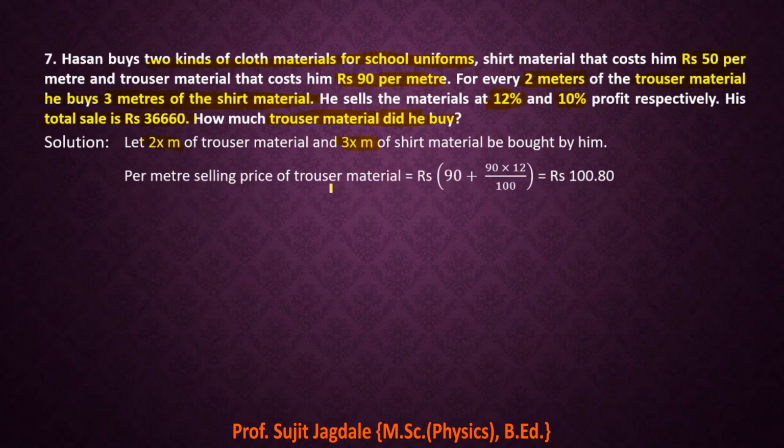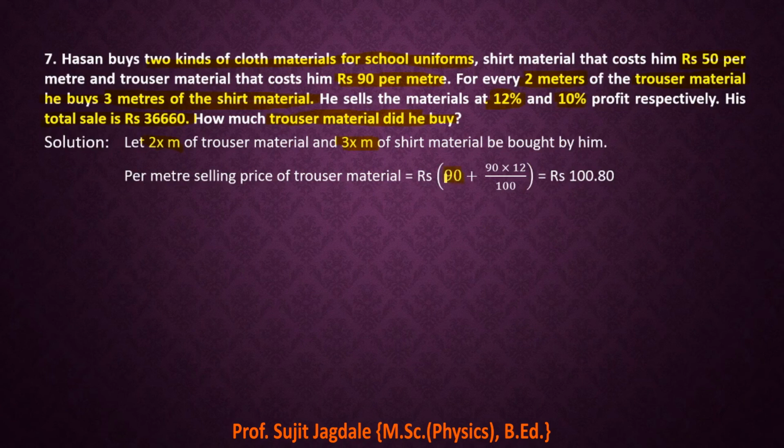Now the per meter selling price of the trouser material can be calculated with the help of CP and profit that we have seen in the previous year. So the same formula we are using: SP is equal to CP plus CP into percentage profit divided by 100.